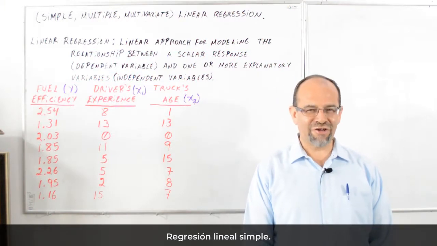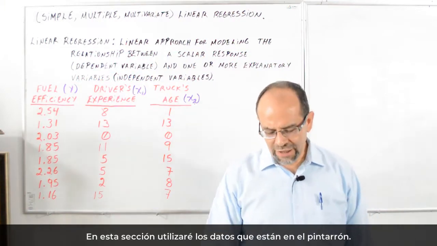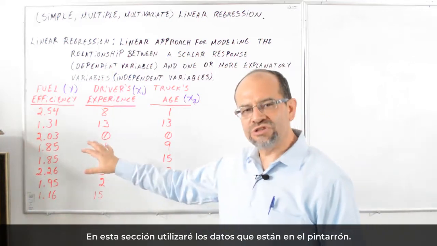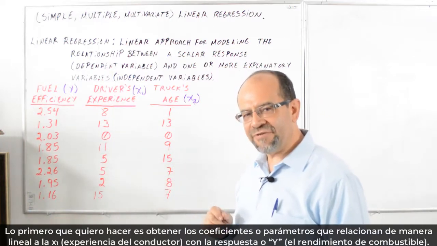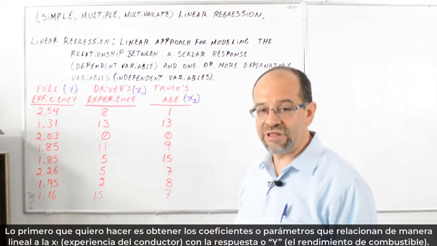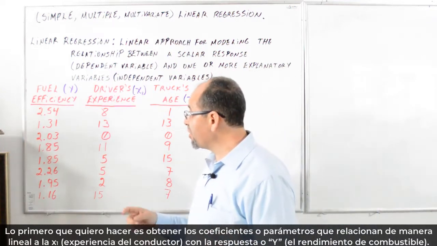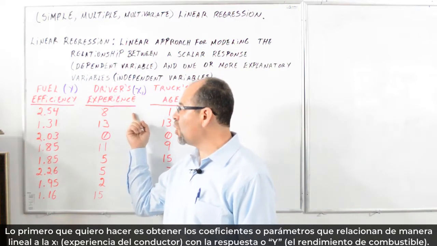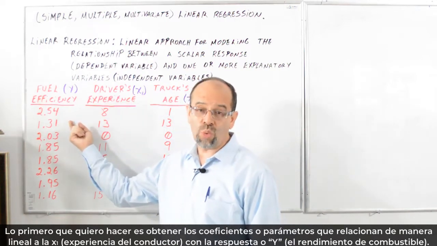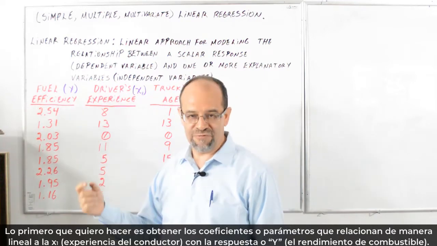Simple linear regression. For simple linear regression, I will be using this data, and specifically I want to obtain the coefficients or the parameters for the relationship between x1, which is the driver's experience, and the response, or y, which is the fuel efficiency.